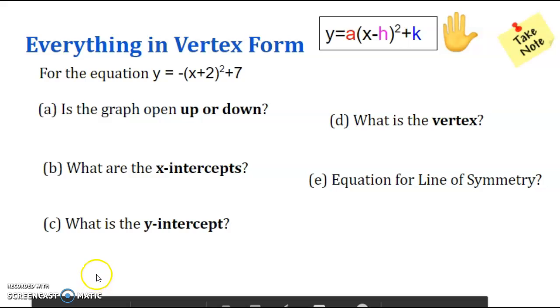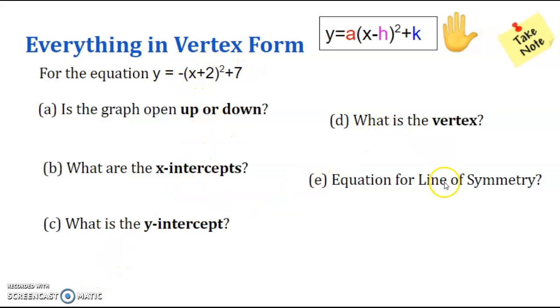Okay, so let's try another example to figure out all the attributes. So y is equal to negative x plus 2 all squared plus 7. Now this is the vertex form. Can you figure out what a, h, and k are?